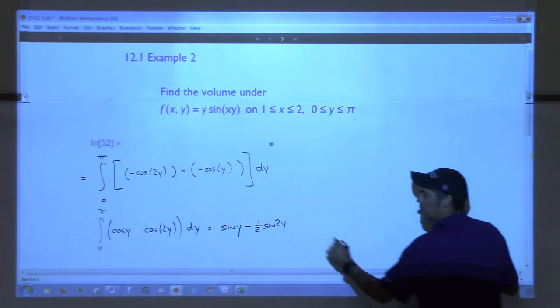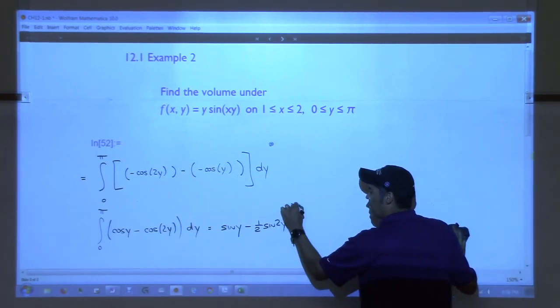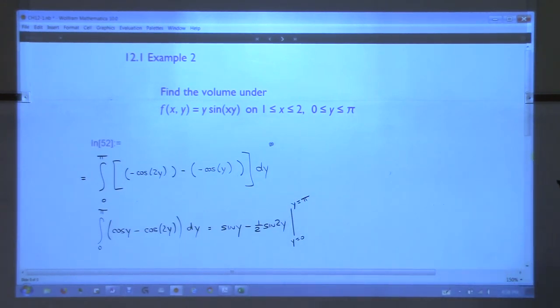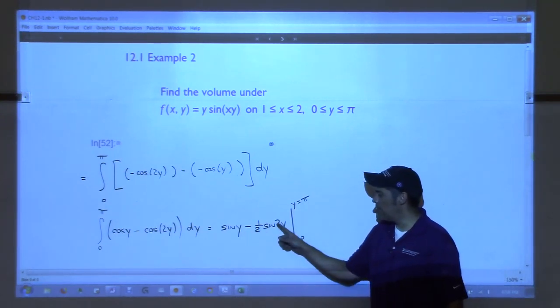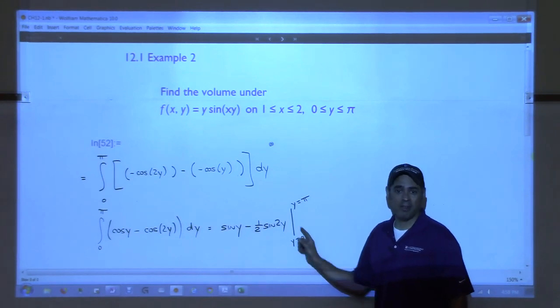And then we're going to be evaluating from y equals 0 to y equals pi. Sine of pi is 0. Sine of 2 pi is 0. Sine of 0 is 0.